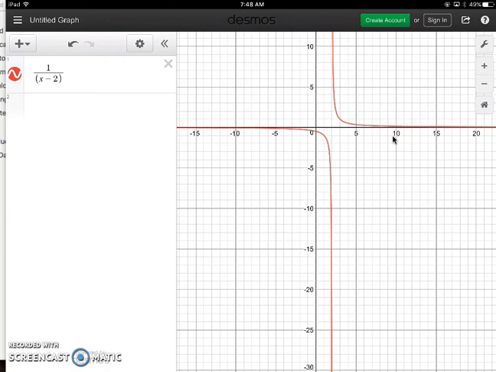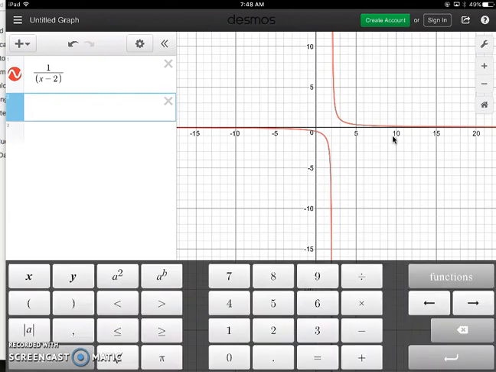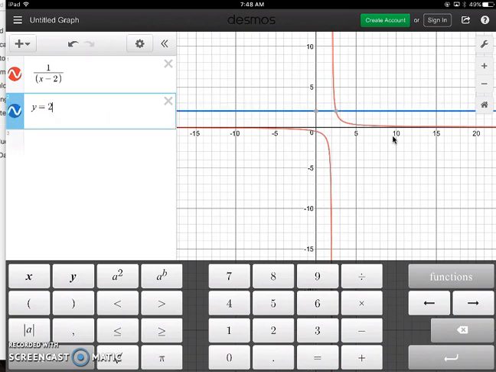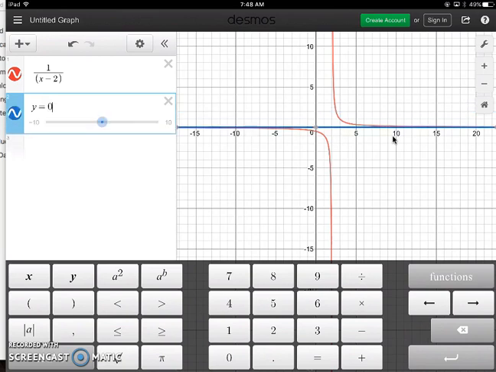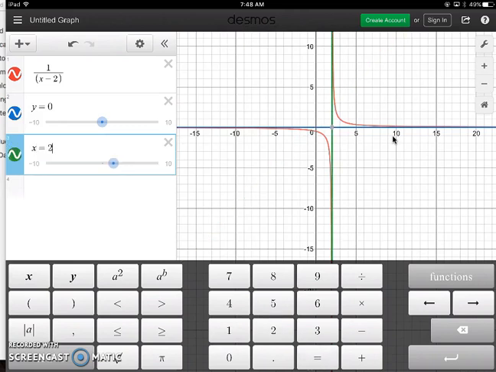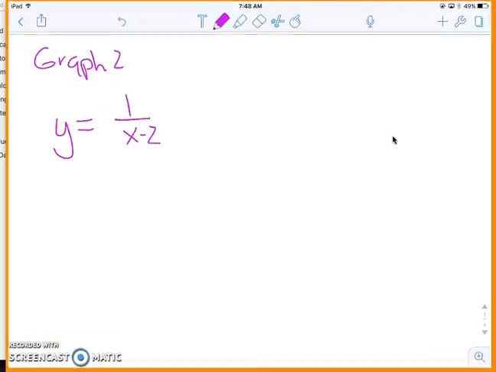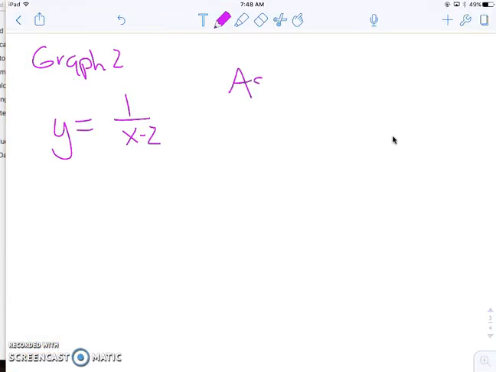and 1, 2. I could double check that. So y equals 2. Oops. So it's not at y equals 2. Y equals 0. Yep. And let's see, x equals 2. So we have those asymptotes there, at y equals 0 and x equals 2.